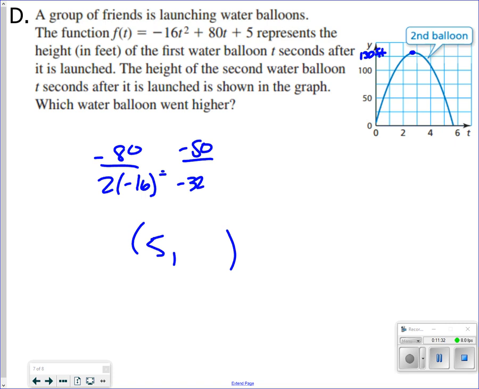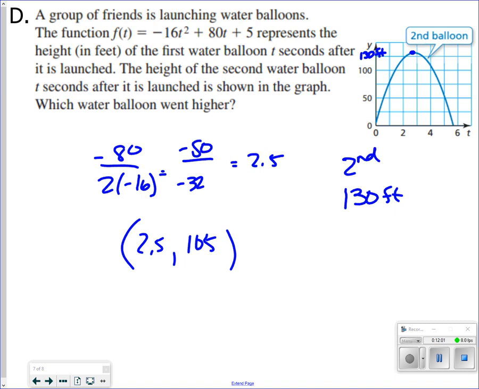So negative 80 divided by negative 32 is 2.5. So that changes everything. So when I plug 2.5 in, what is my height? So I end up getting negative 16 times 2.5 squared plus 80 times 2.5 plus 5. And so I get 105. So which balloon went higher? The second balloon went a little higher than the first balloon.